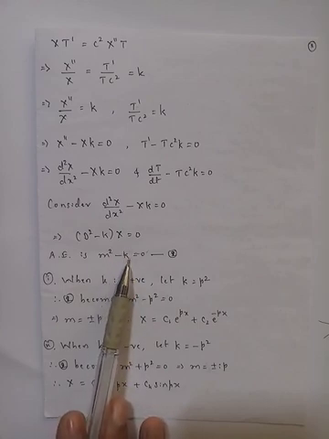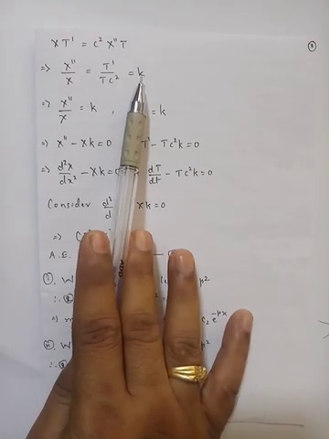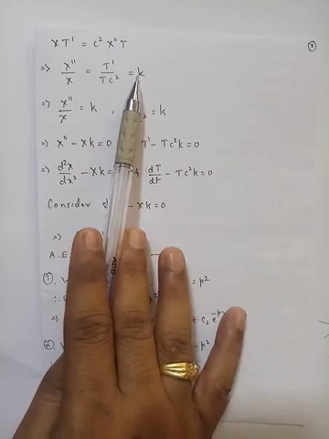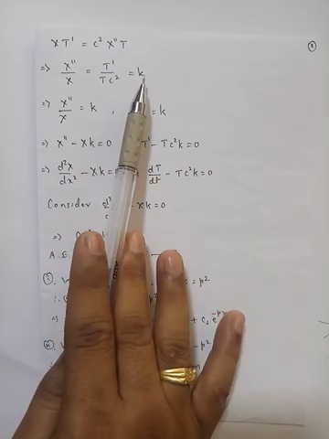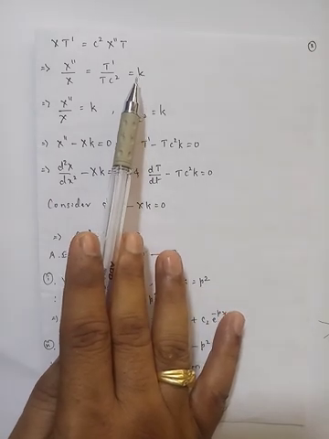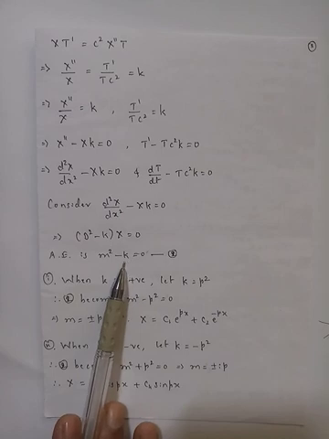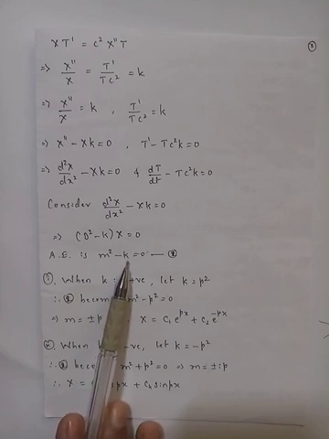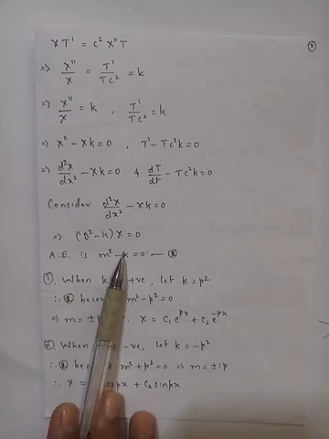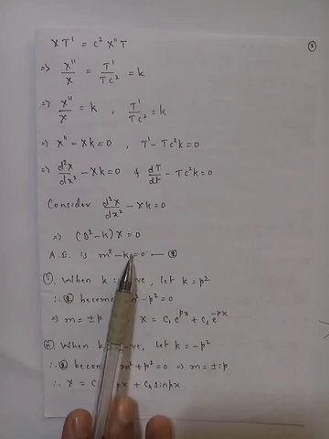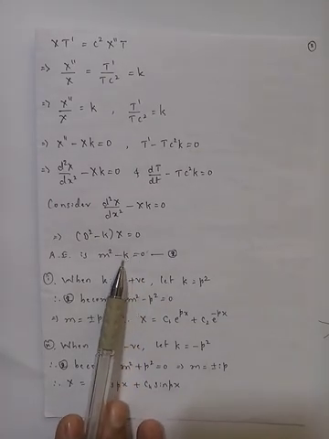As k is not defined, it means k may be negative or it may be positive, because it is not specified. Therefore we consider different cases: taking k once as positive, next as negative, then k equal to 0. Likewise we consider the different cases for k.